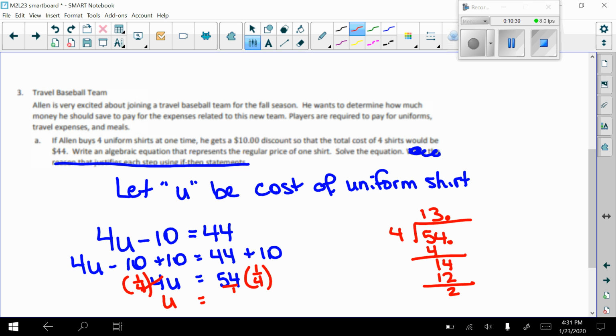Annex a 0. 4 goes into 20 5 times exactly. So U equals 13 5/10.